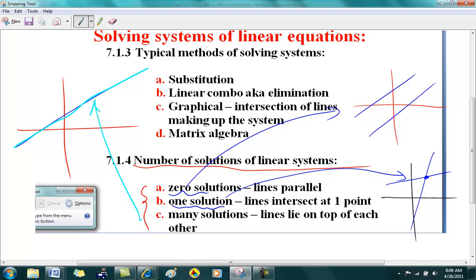There's a word called consistent that's going to show up later on in the lecture. And consistent means that it's a system of equations that has at least one solution. So again, remember that a system of equations is nothing more than a set of equations, and in 7.2, what we are going to be dealing with is really linear equations.